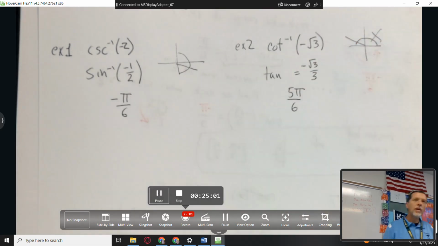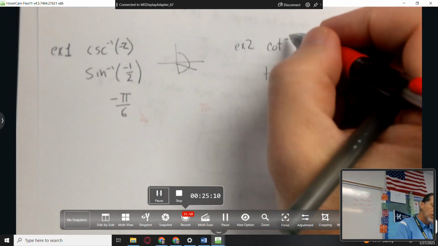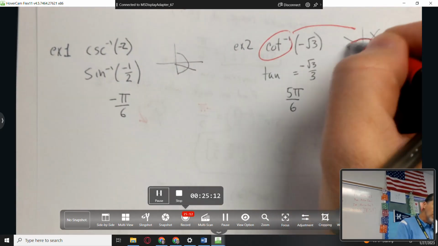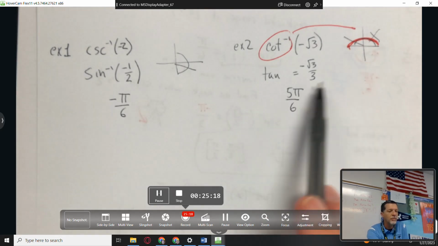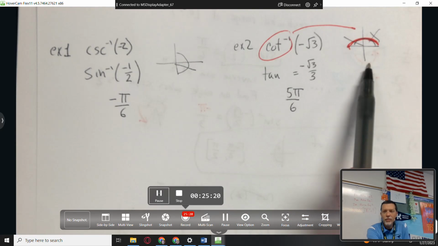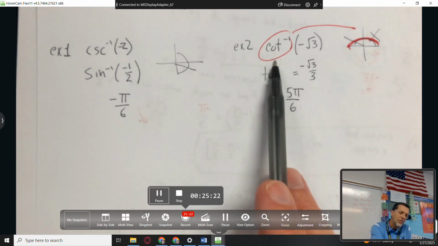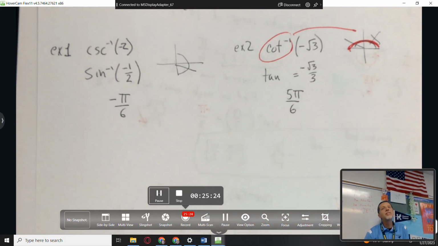The trouble with cotangent is if you switch it to tangent, that's fine, but you still have to use the restrictions that are on cotangent. Because tangent is negative in the fourth quadrant, and if we were asked this question, we'd give the fourth quadrant answer, but cotangent can't come from the fourth quadrant. So cotangent is the only one that's a little bit weird.